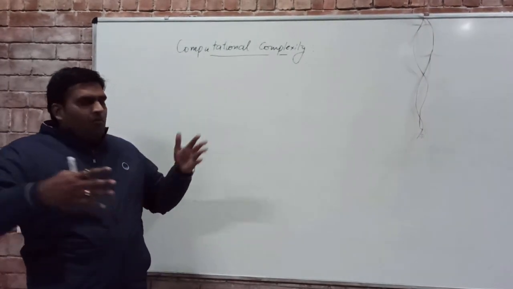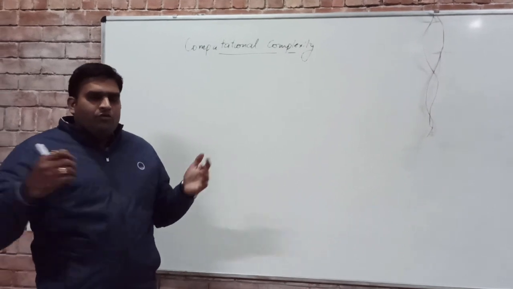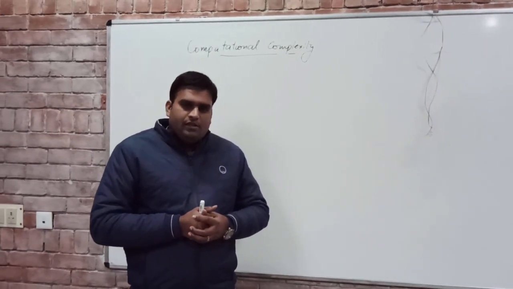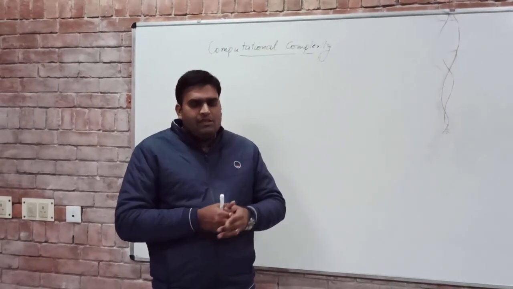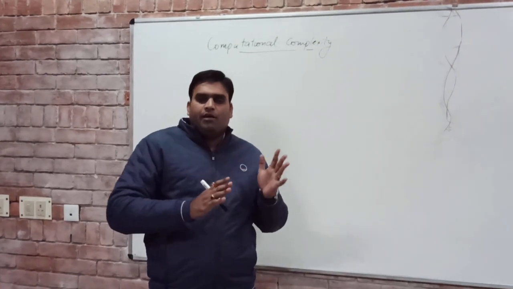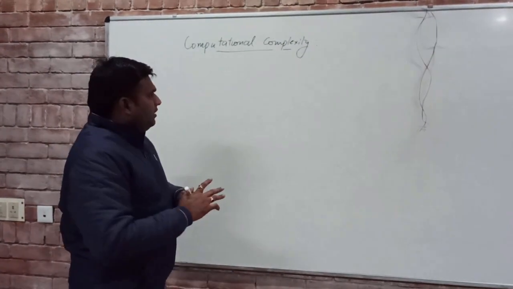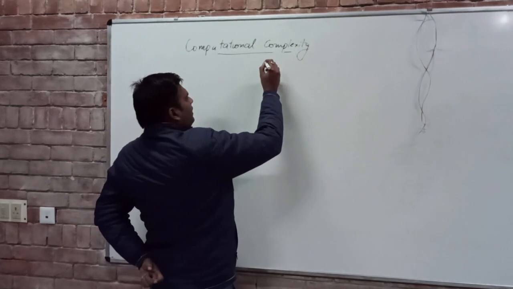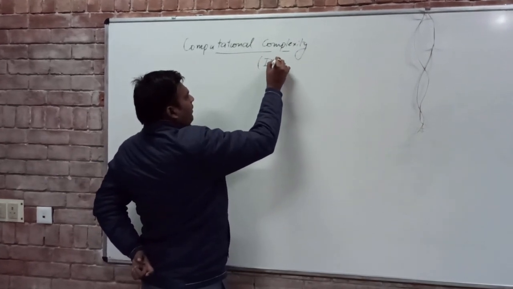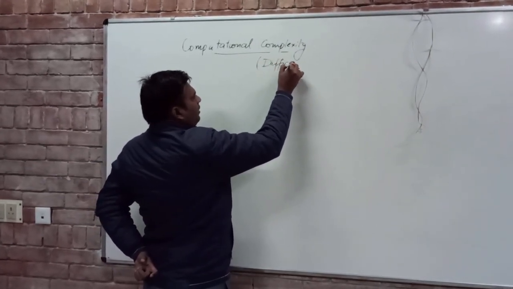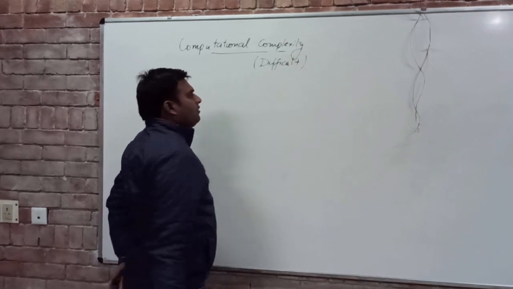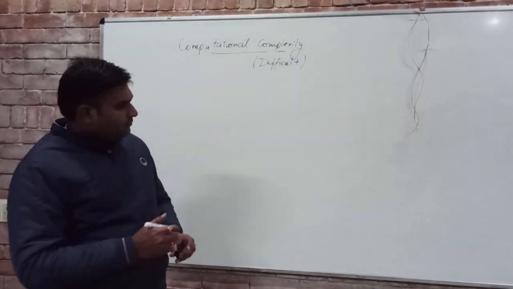There are many problems to which we need to find solutions, and these problems have different computational complexity. In general terms, we can say complexity is difficulty: how difficult the problem is to solve.